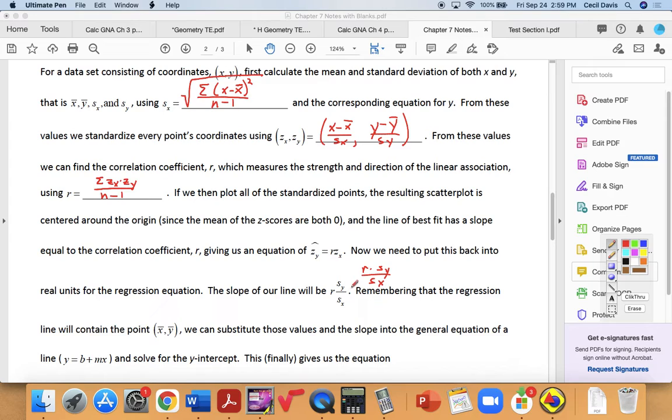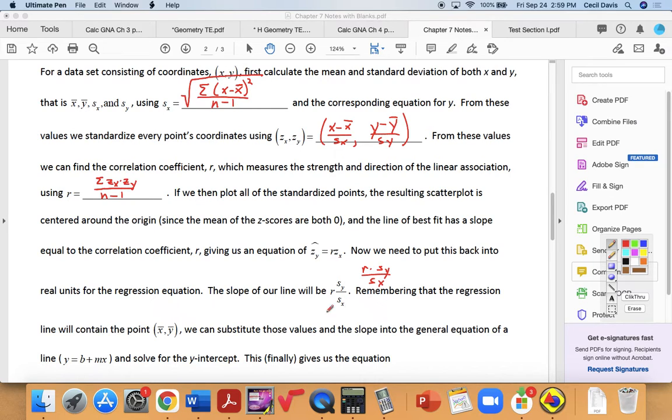Anyone want to guess why I like this one better? It looks better. Yeah, because I am all about the looks. It's because slope is changing y over changing x. And it reminds me of that. So I have this times the standard deviation in y over the standard deviation in x. It just makes more sense in my head.